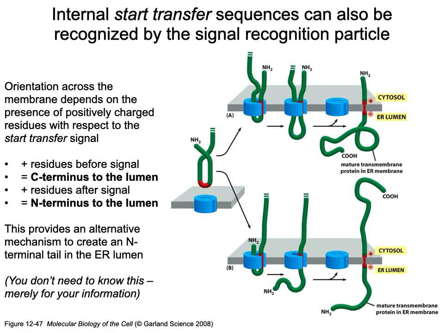But if the start transfer sequence is internal, we're going to get the recognition by the signal recognition particle. It's going to move to the translocator, and then it would become a transmembrane section of it. So a different strategy than with our stop transfer.